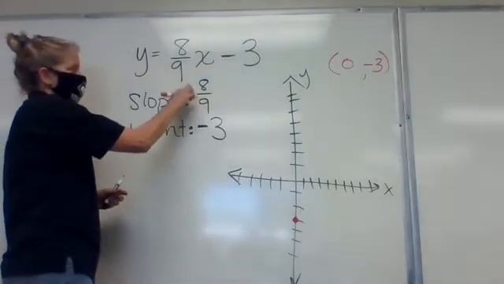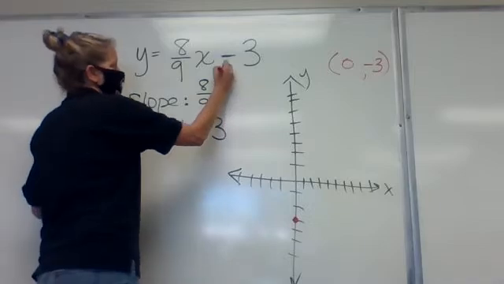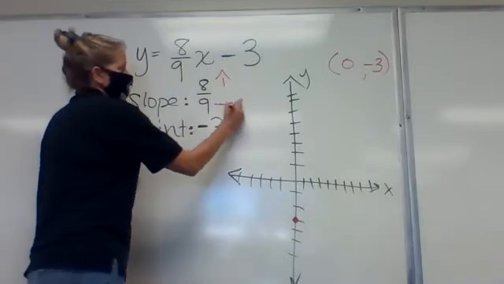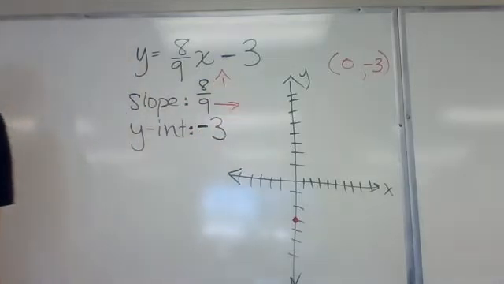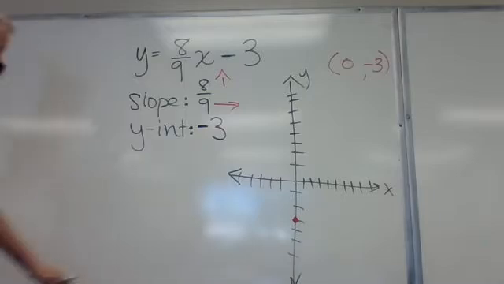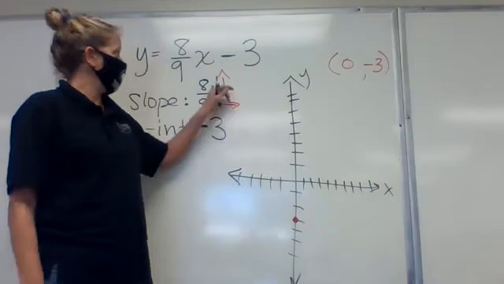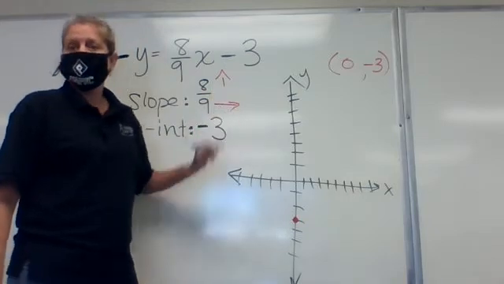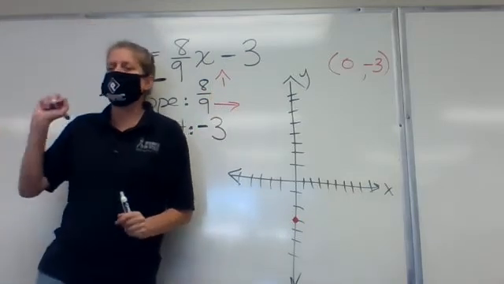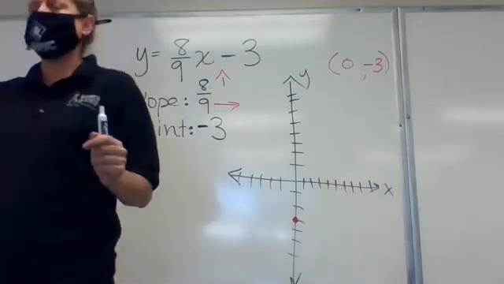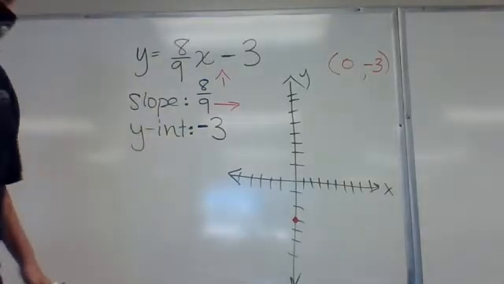Then I'm going to count out my rise. Since it's +8, I'm going to go up 8 and run to the right 9. Where do I start my counting from? All right, I'm going to start here and go up 8, run 9. So be careful. I think this may be one of the graphs that goes up halves, which is ridiculous.